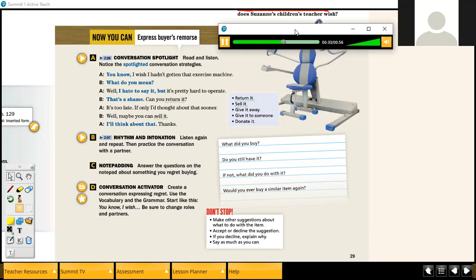Can you return it? It's too late. If only I'd thought about that sooner. Well, maybe you can sell it. I'll think about that. Thanks.